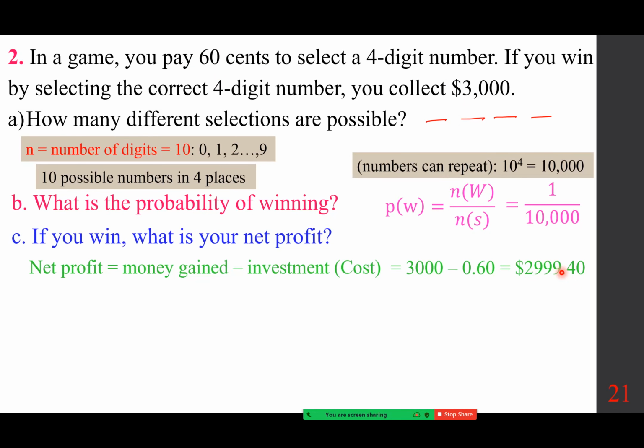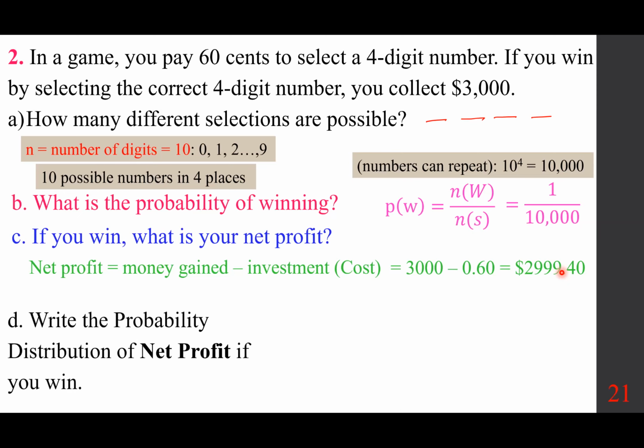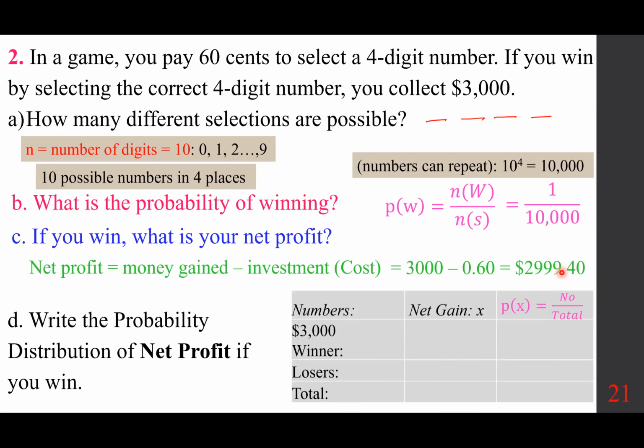We want to write the probability distribution of net profit if you win. So we have to have a table like that. We have numbers here, net gain here, and the probability, the numbers over the total. So for the $3,000 winner, there's only one possibility.